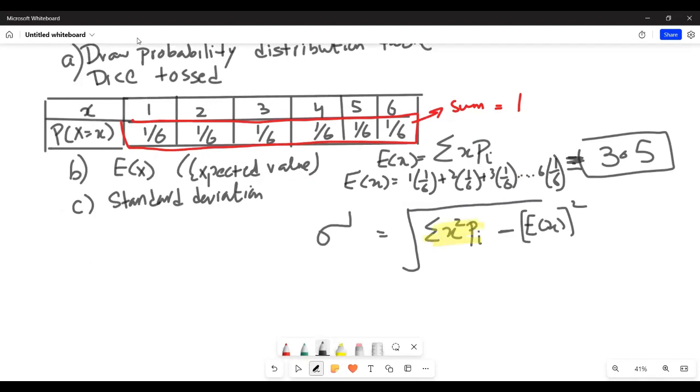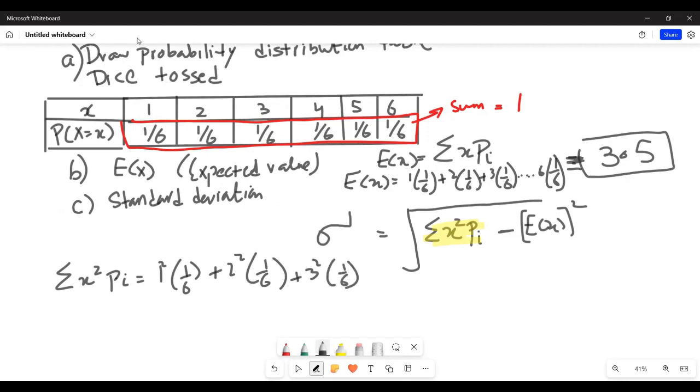So let's find that. Summation x square times probability is going to be 1 square times 1 over 6 plus 2 square times 1 over 6 plus 3 square times 1 over 6 all the way till 6 square times 1 over 6. Whatever answer comes, then we'll do minus 3.5 squared and then we square root that. From that we will have the standard deviation. Let's do it.